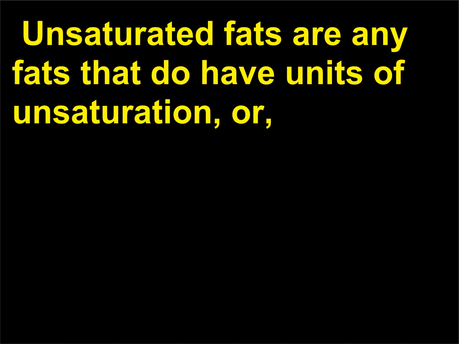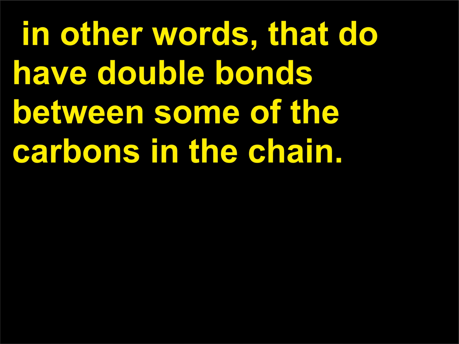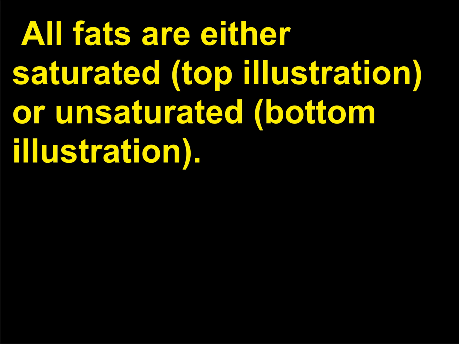Unsaturated fats are any fats that do have units of unsaturation, or, in other words, that do have double bonds between some of the carbons in the chain. All fats are either saturated (top illustration) or unsaturated (bottom illustration).